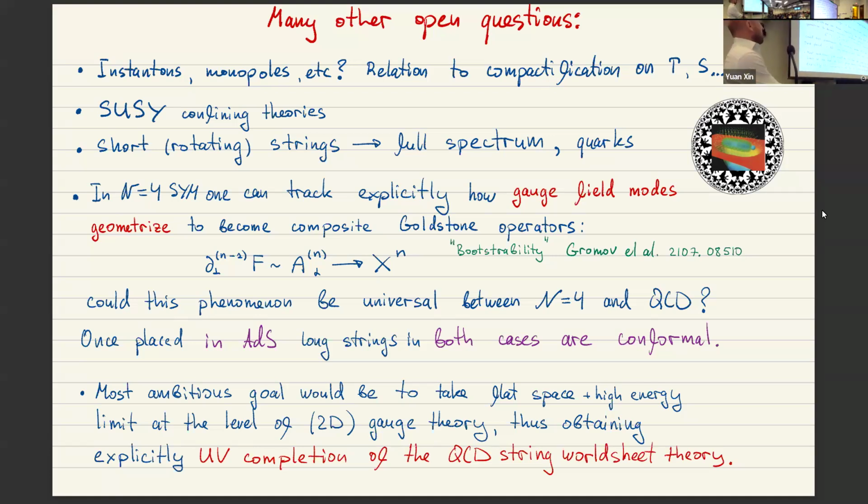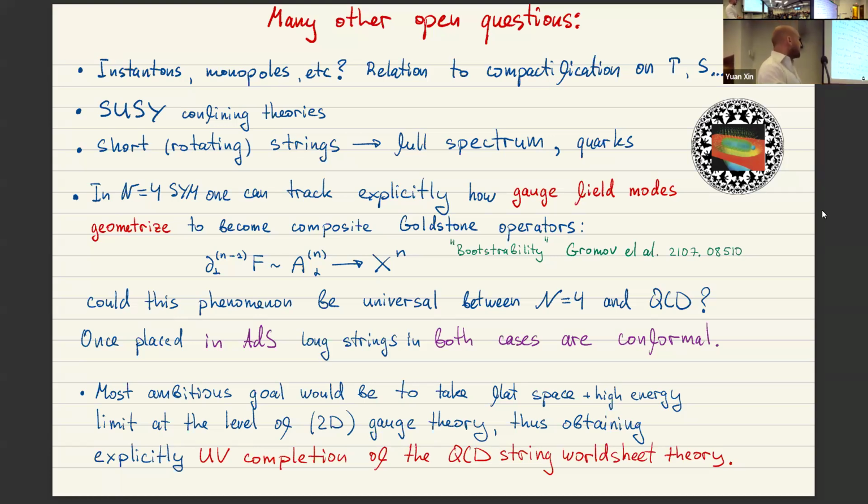And then, okay, kind of going a bit more ambitious. A very similar problem was basically solved in N=4 super Yang-Mills. And there you can see explicitly how gauge field modes geometrize to become composite Goldstone operators. So at weak coupling, you start with some derivative of your field strengths that we related to some KK mode in the bulk, and then this gauge field, it's a colored object, geometrizes and becomes basically a Goldstone operator to some power.